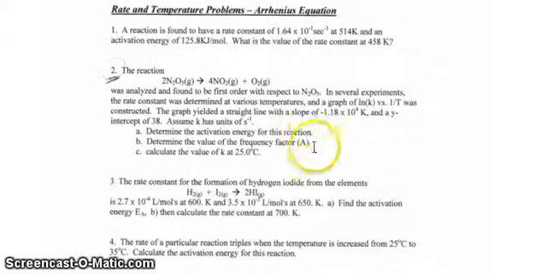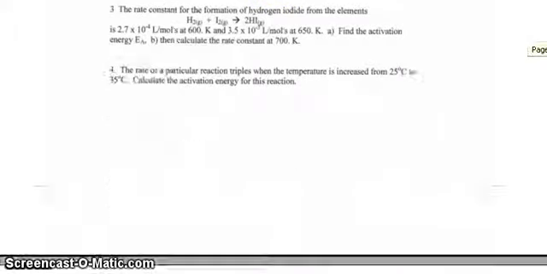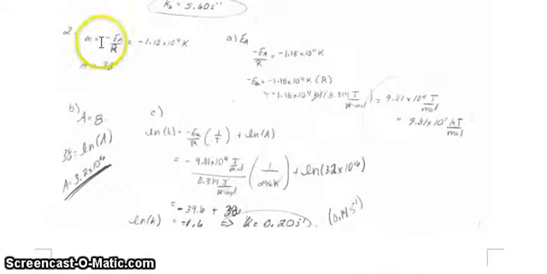So we've already answered how we get A and E, and knowing those, we can get the value of k. If we look at what I've done here, our slope is negative activation energy over R. The frequency factor will be the inverse natural log of 38.